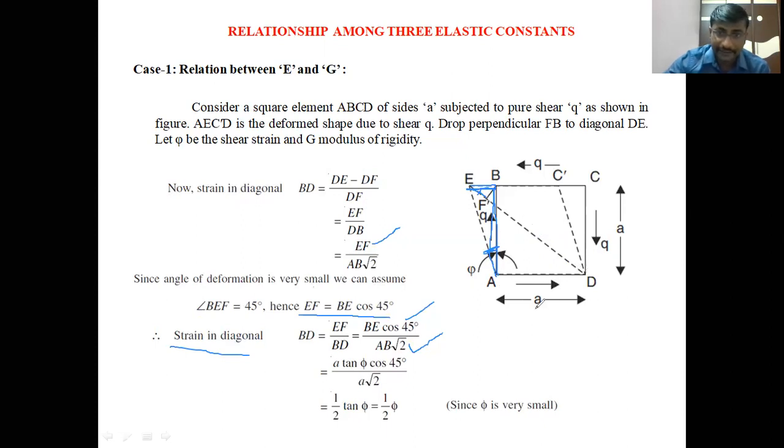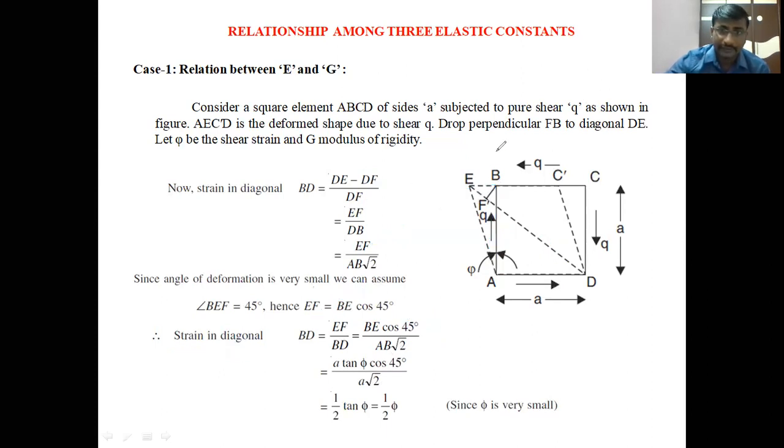What is the side of the square? A. So tan phi is equal to BE by A. So BE is equal to A tan phi. In place of BE, A tan phi into cos 45 divided by AB, which is the side of the square. AB can be replaced by small a, side of the square, A root 2.